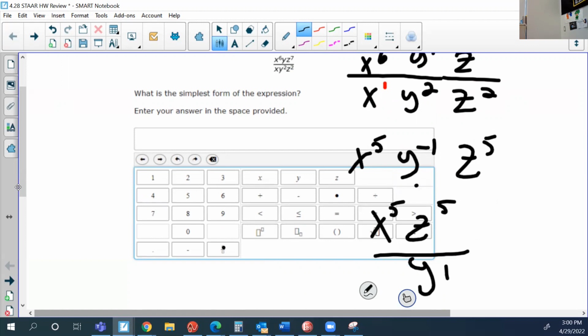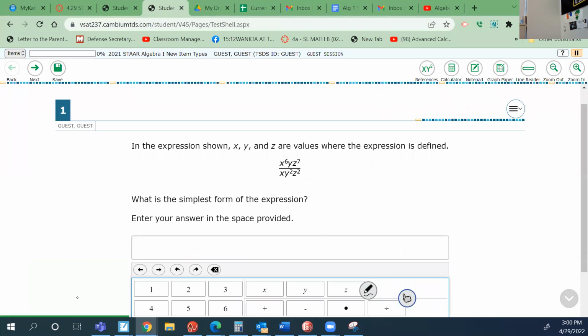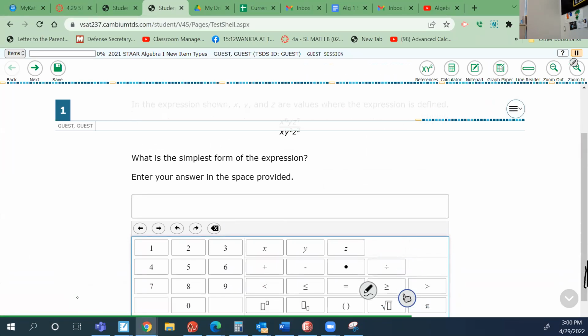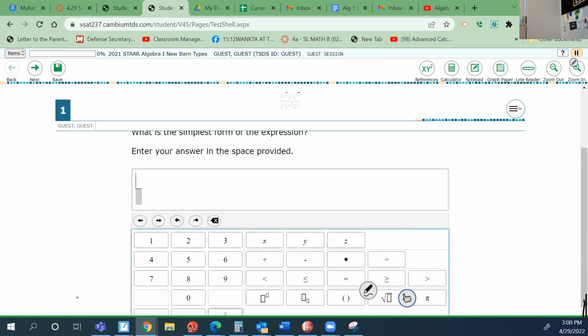All right, now we're going to put this in our answer. So how do we enter this in the STAAR login? Okay, here we go. It's a fraction, right? So I'm going to hit the fraction button right here. Hit that fraction button.